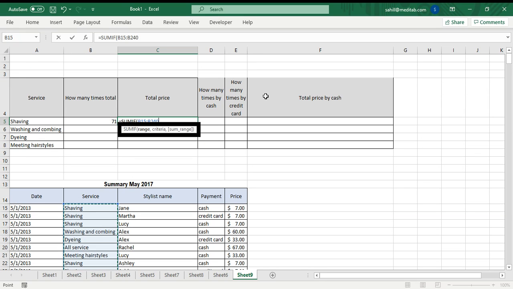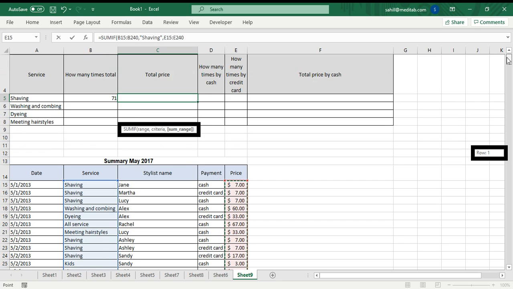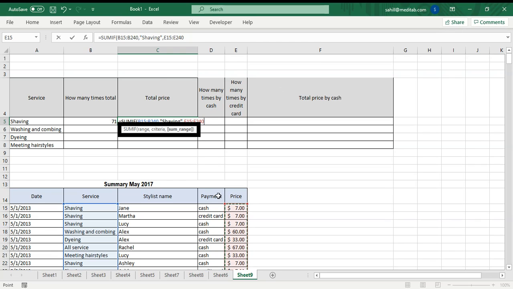I selected the range and the criteria, SHAVING, and then the sum range. What is the sum range? This price, because I need to do a sum on something, right? So price it asked me. On price I am doing it. I'm closing it. See, 717 is the total price of the shaving service.